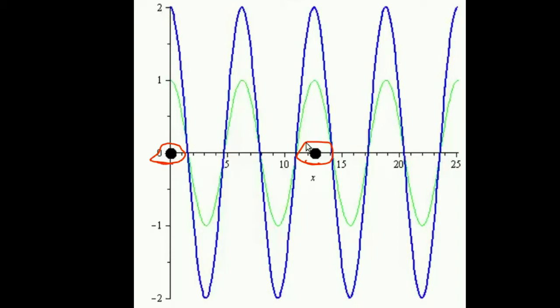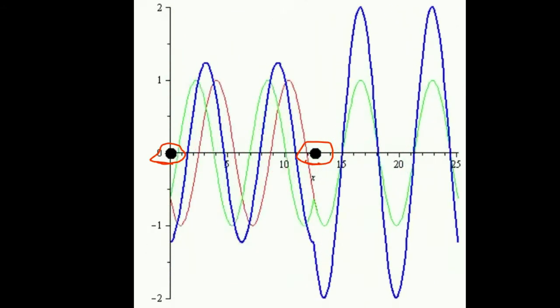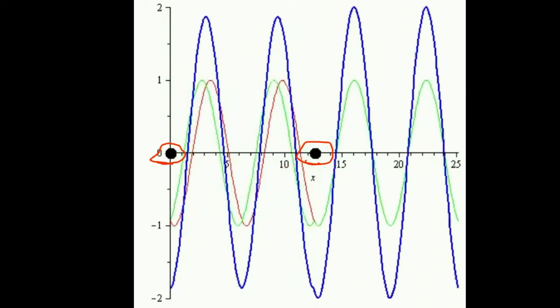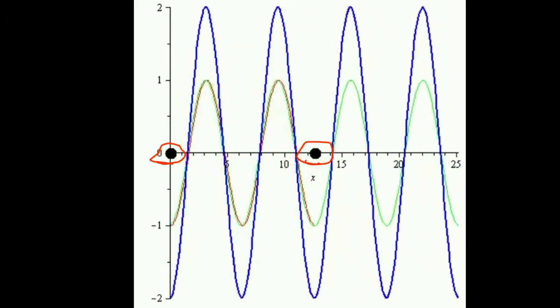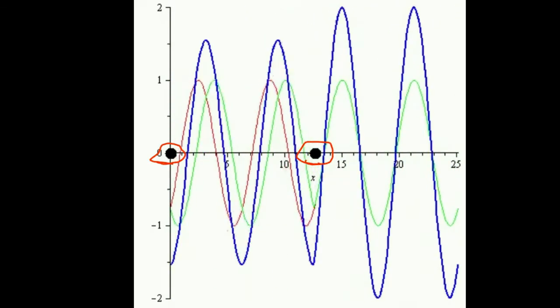And this is going to be very similar to animations that we looked at earlier showing standing waves. And in fact, if you watch it, you will see that part of it is a standing wave. So I'm just going to pause this for a moment here. Over here, this is a standing wave.